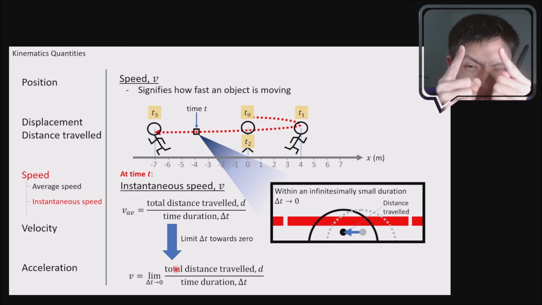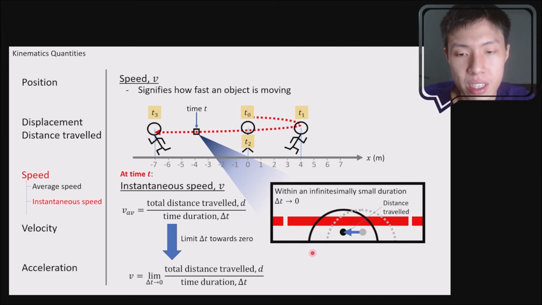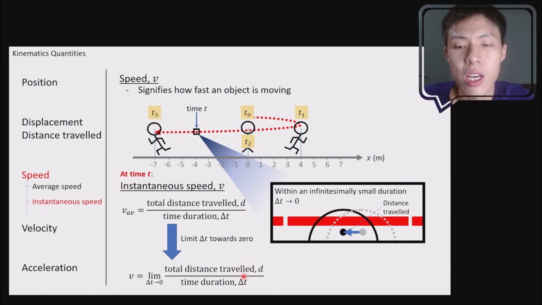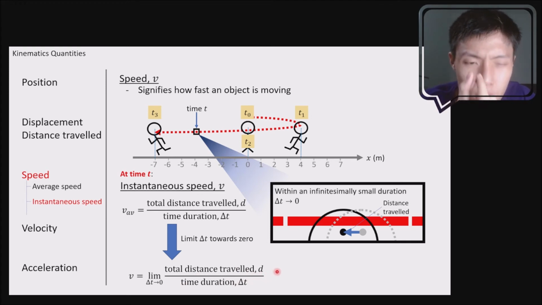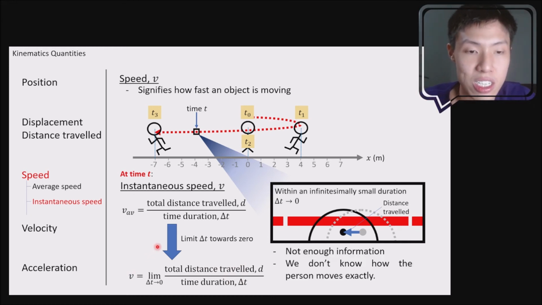Within that very short time duration, how much distance has traveled? You substitute the very short distance traveled and the very small time duration, and you calculate d divided by delta t for that very small time duration. Then you get your instantaneous speed. That's the idea behind instantaneous speed.